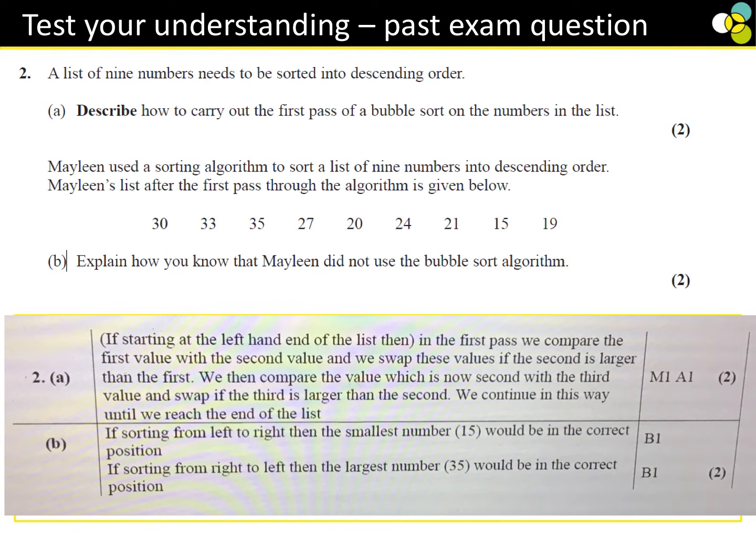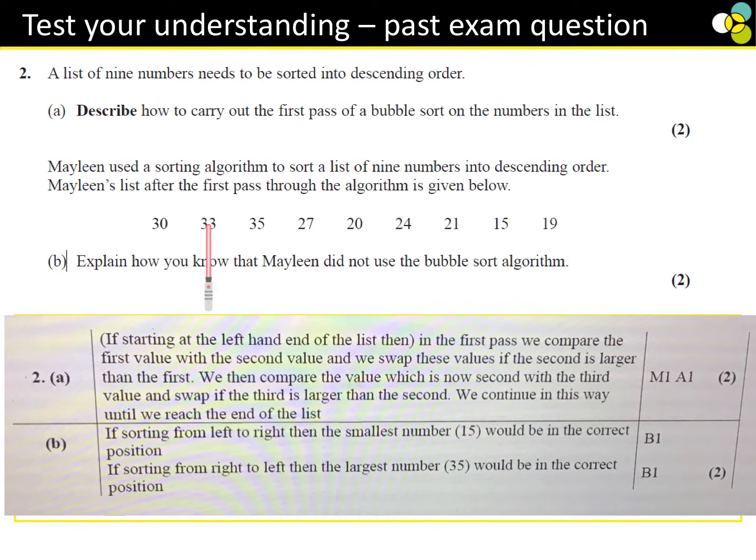Then there's two possible reasons here and you get 1 mark for each one. So we know from earlier that when we do bubble sort, one of them after the first pass would be in its correct order. Malin said that this was after 1 pass. Now, if she'd have gone from left to right, then 15 would have definitely been on the end because that would have been the smallest.